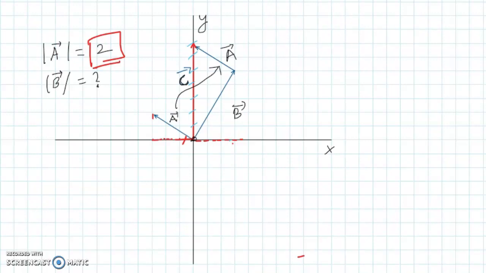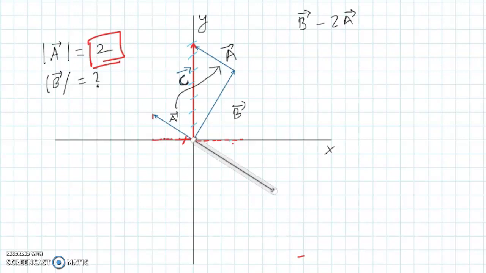So let's do it like this: what if I would like to calculate b minus 2a? So I need to draw the vector a. I need negative 2a. So it is a up to this point, and we need to go a little bit further, 2 times this. So it is negative 2a.